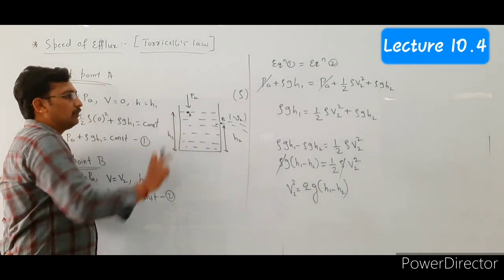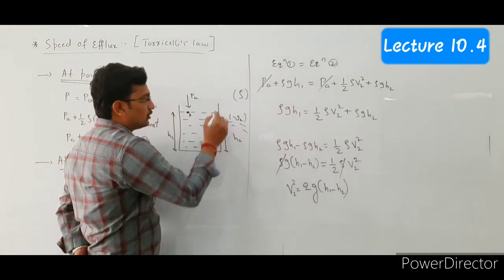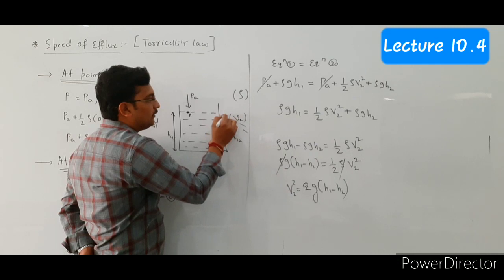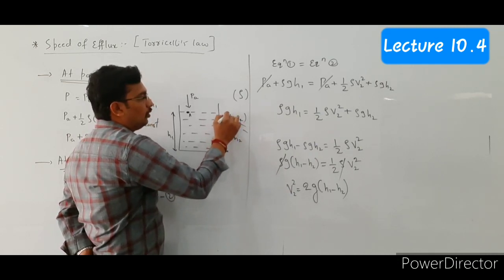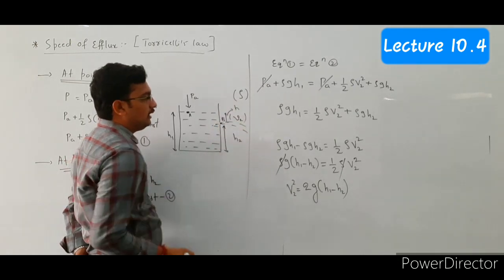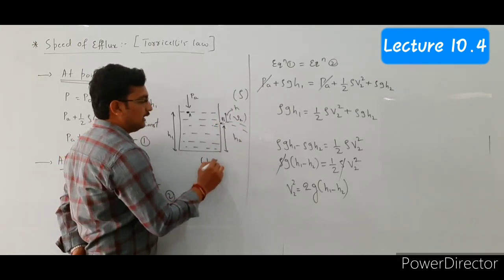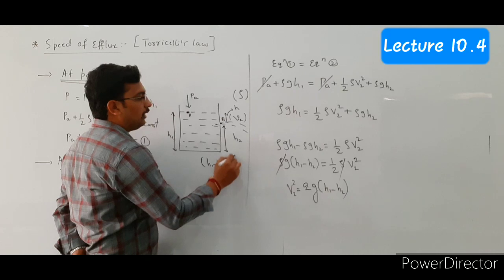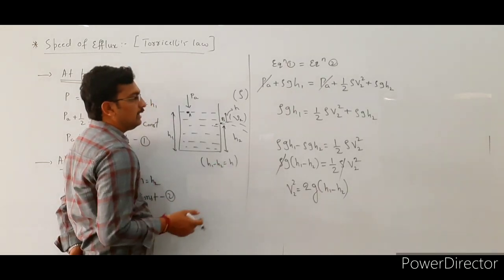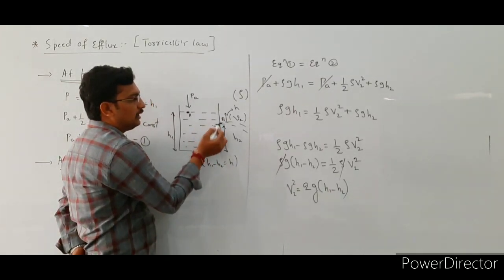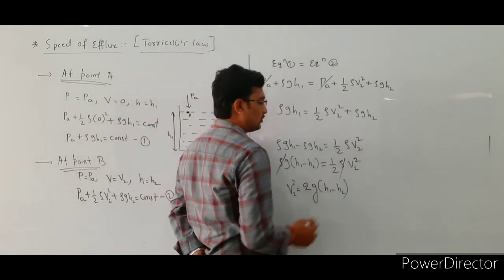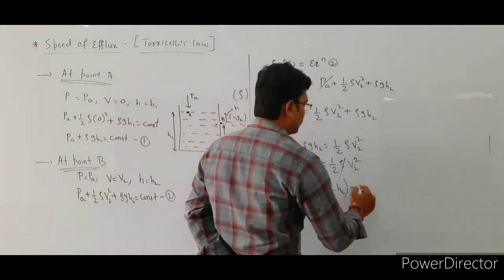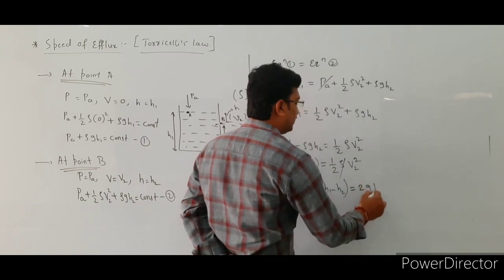Then what is the value of h1 minus h2 here? This is the h1 value and this is the h2 value. So h1 minus h2 means the height from the surface of the liquid up to the hole. This is H. Here H is the height of the liquid from the surface of the liquid up to the hole. So we replace h1 minus h2 with H, and the equation becomes 2gH.